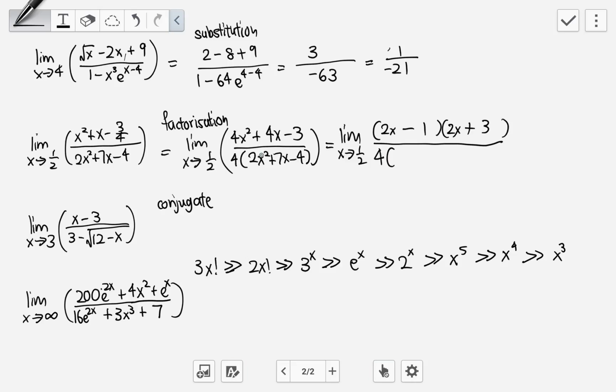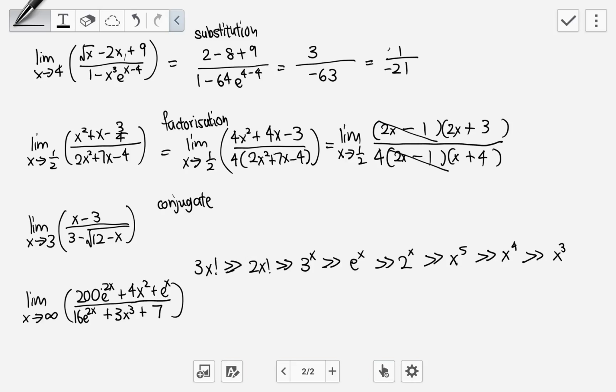If I get 2x and x over here, 2x, I want 7, so 2 times 4 will give me 8x, 8x minus x will give me 7x, and 2x squared and minus 1 times 4 will give me minus 4. So this is the correct factorization. I realize there is a common factor top and below, so I cancel it away.